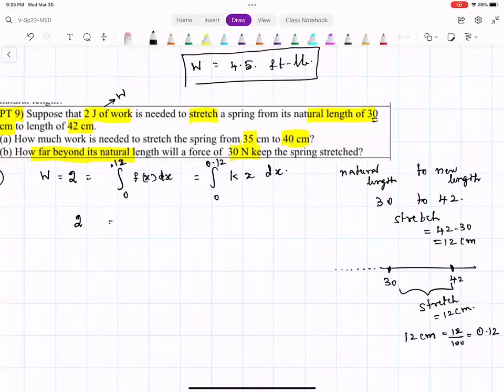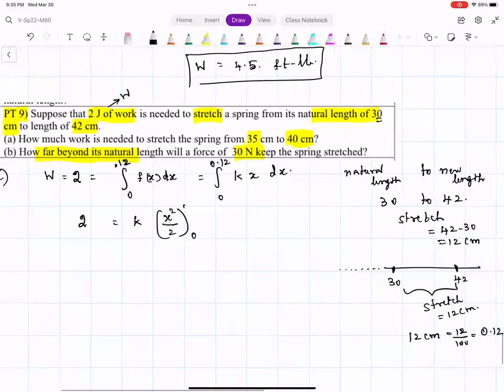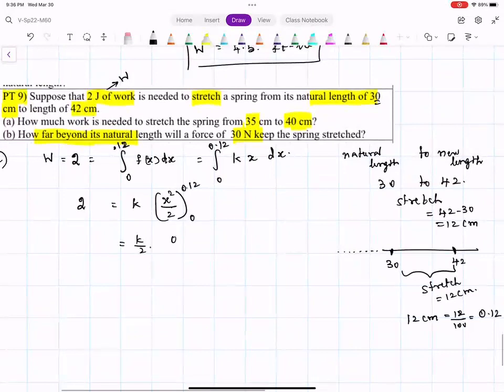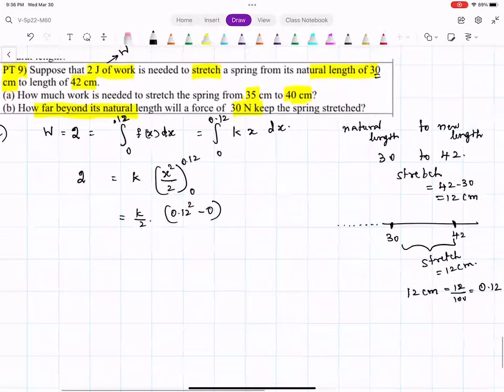So 2 equals, k can be taken out of the integral sign. When we integrate x, it is x squared over 2 between 0 and 0.12. So it is k over 2 times the square of 0.12 minus 0. So k over 2 times 0.0144.